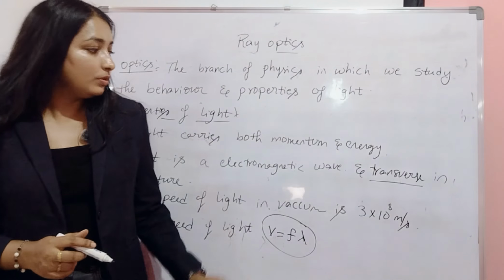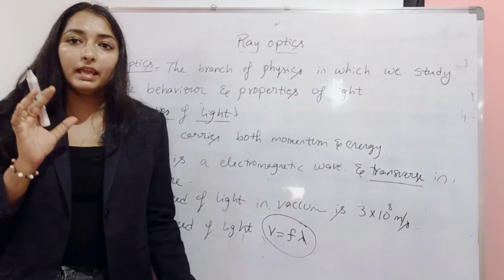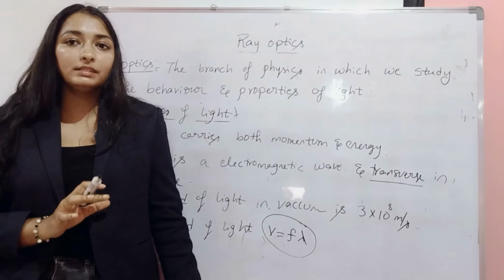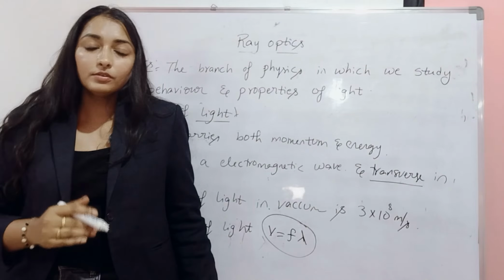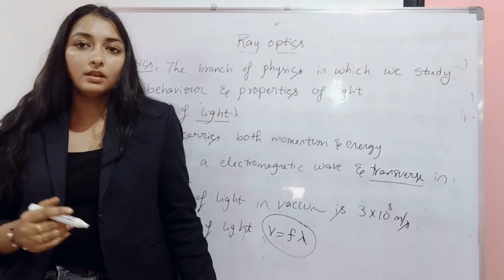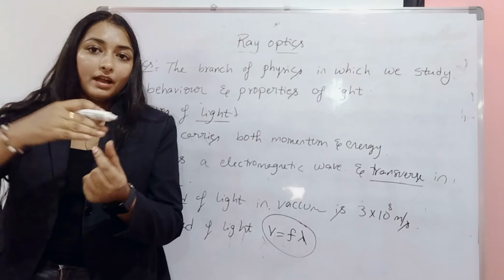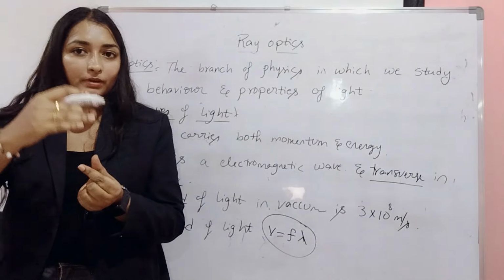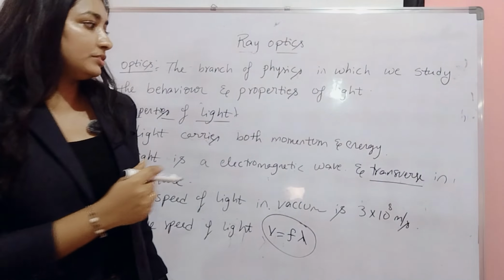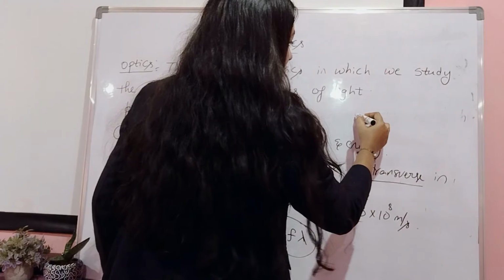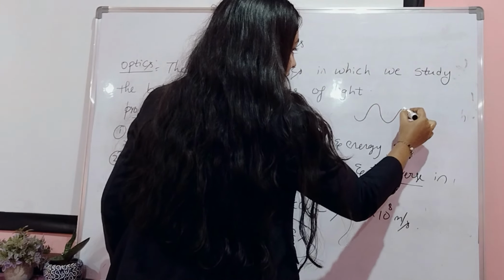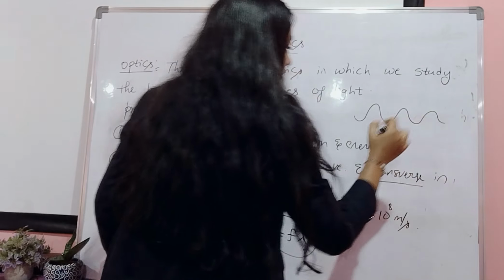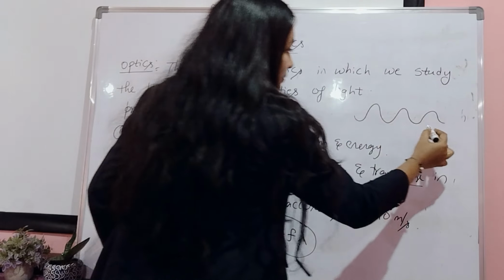Okay, so light is an electromagnetic wave and it is transverse in nature. So what is meant by transverse? When light is traveling, the direction of propagation is perpendicular to the direction of vibration. See here, the light wave is traveling like this. In which direction is it propagating?